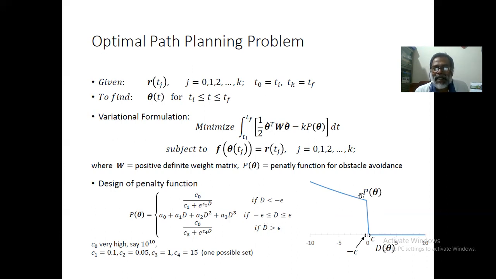Thereby, this entire function, however discontinuous it may look, is mathematically rendered first order differentiable. That is, its first derivative is continuous, the second derivative will not be, because it is only a cubic.